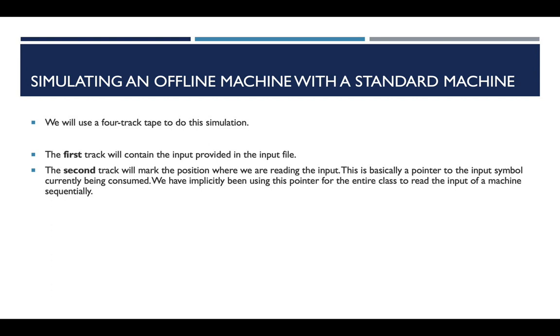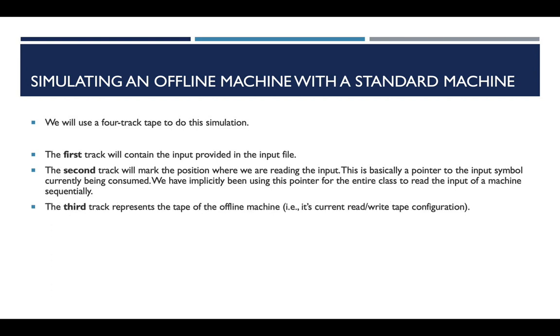And so the second track is effectively a pointer that we've been using this entire semester kind of implicitly. What this does is it tells you if you are currently processing the first or the second or the third or the fourth character inside of the input. And each time you process one of those symbols, it goes to the next position on the track.